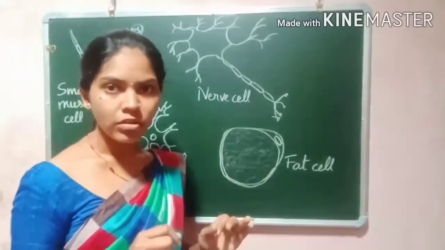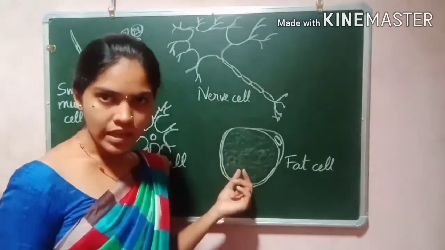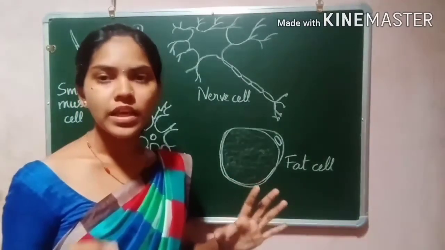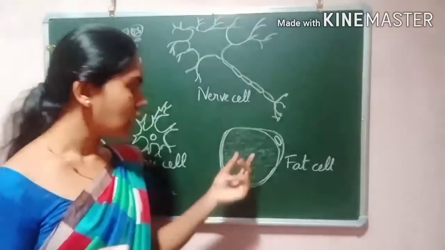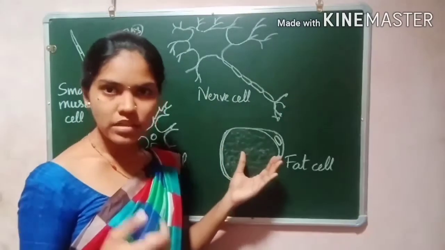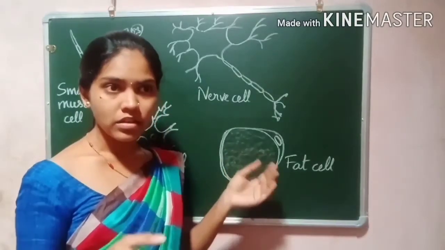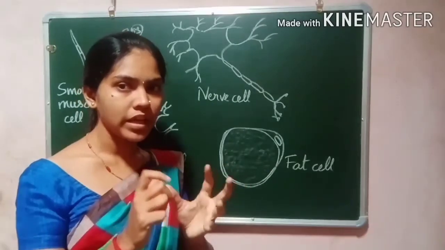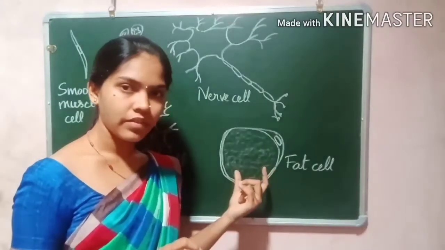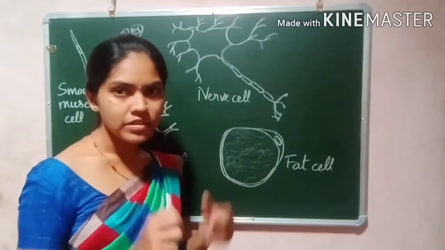So we can observe various cell organelles within the cell, and they are characterized by their special functions, and they carry out these functions of the cell. When we combine all these cell organelles, we obtain the fundamental basic unit of life, that is the cell.